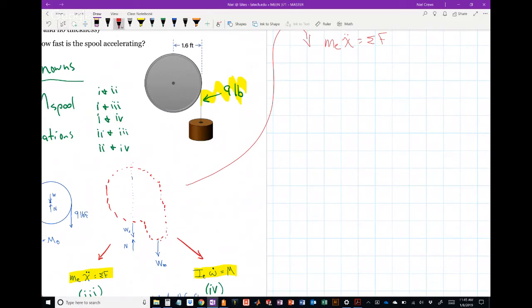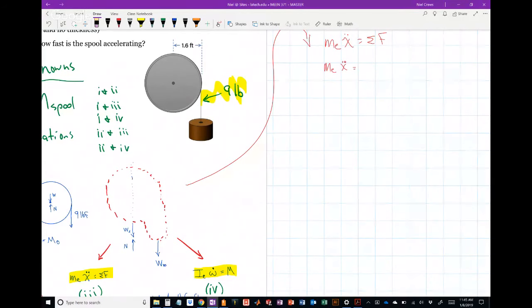We see that these two cancel themselves out, and then we've got this one. Our effective mass times x double dot equals, we'll call this the weight of the spool in that direction.